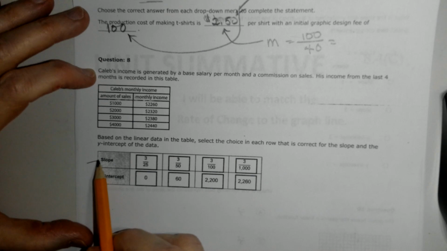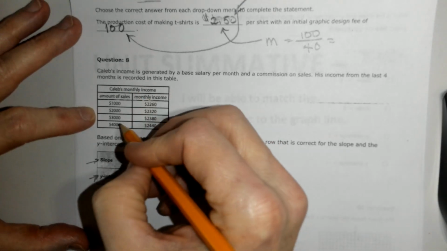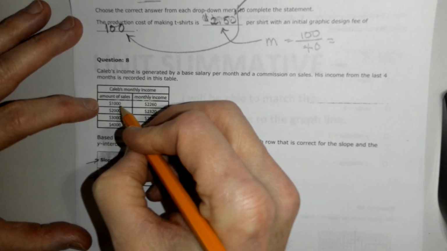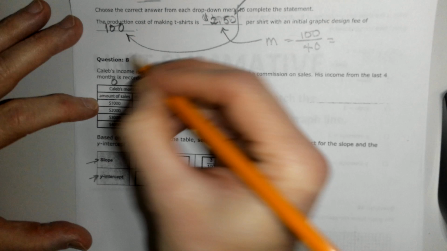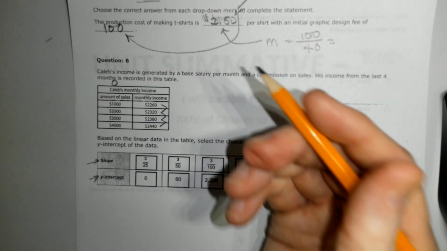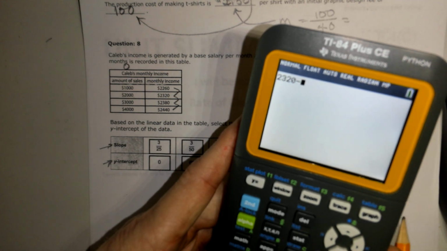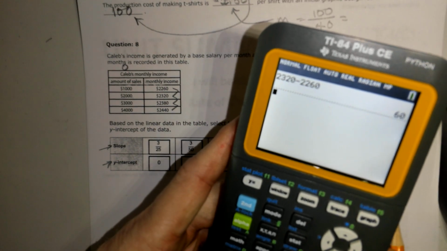So if I can just look here, there's my slope, here's my y-intercept. I need to go to when x is 0. I don't have that, so I'm going to make it work. 4,000, 3,000, 2,000, 1,000. The next one is 0. So I just need to figure out what these are changing by. Go back one more. I'm going to take 2320 and subtract 2260.